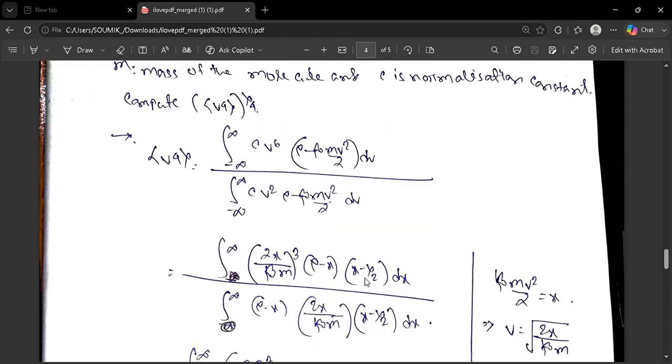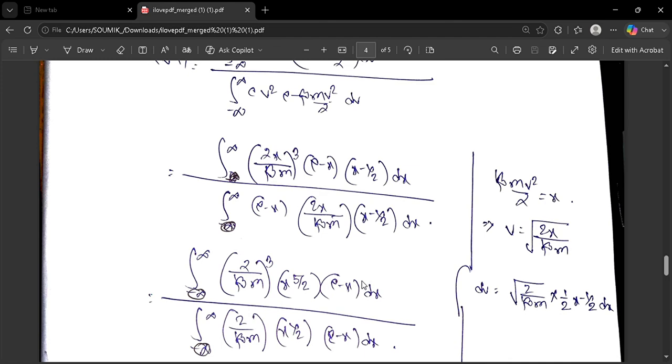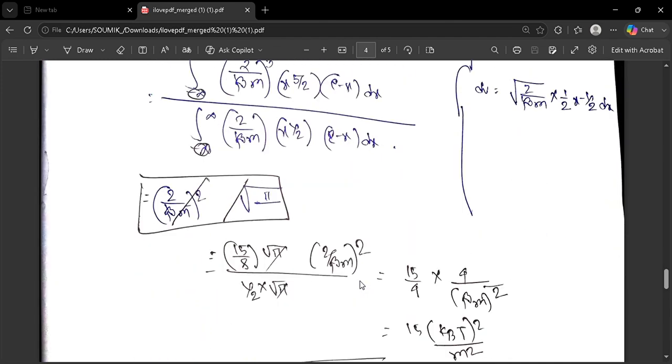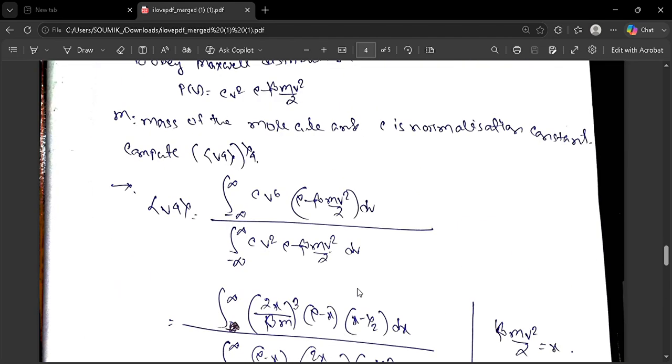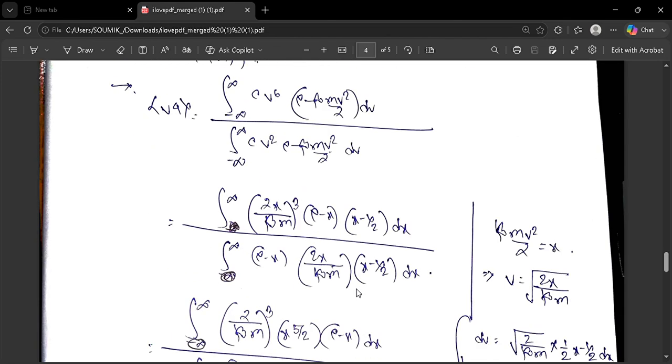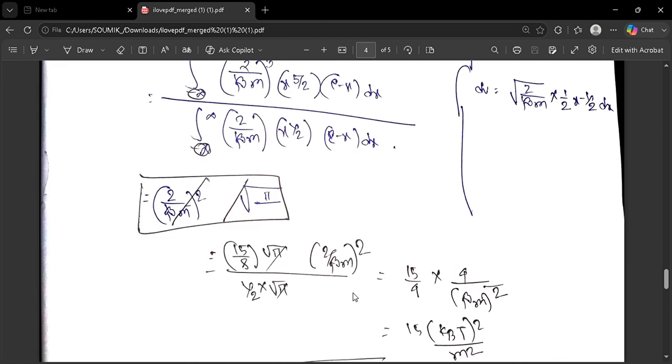We need to be careful to solve it. The rest of the portion is just calculation, but you need to practice it by yourself.